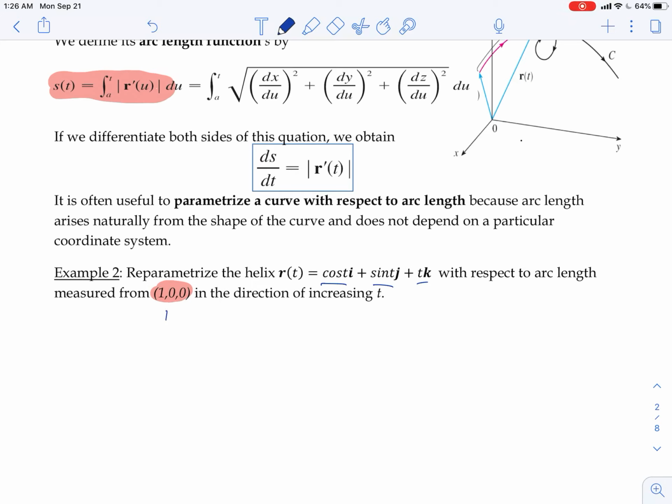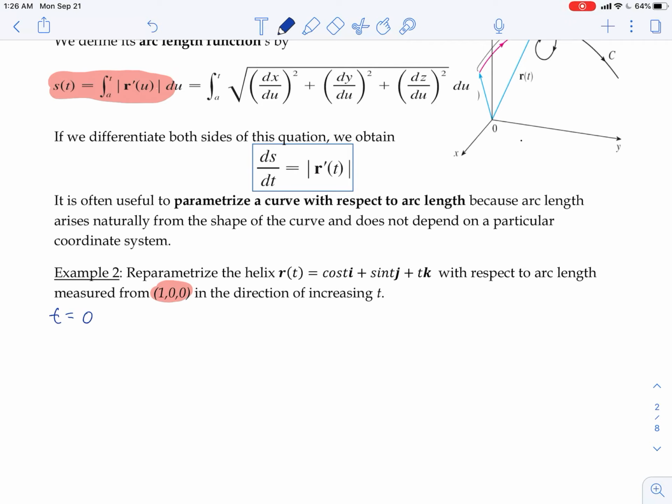If r of t is cosine t, sine t, and t, what value for t would allow us to start at this point? That would be t equal to 0, because cosine of 0 gives us 1, sine 0 gives us 0, and t, if it's 0, gives us 0. So there's our starting point, because we're going from (1, 0, 0).